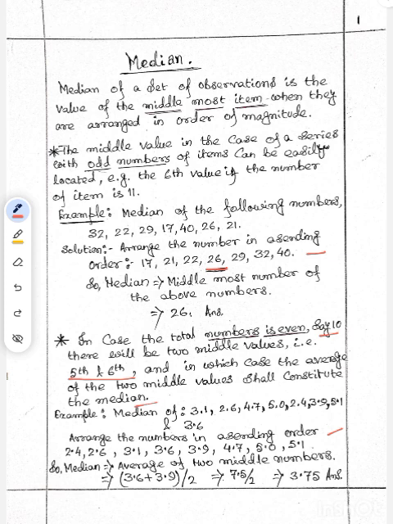As there are 8 numbers, we have to consider the middlemost, that is the fourth and fifth, which are 3.6 and 3.9. So we take the average of these two middle numbers. The average of 3.6 and 3.9 is 3.75. This is the answer.